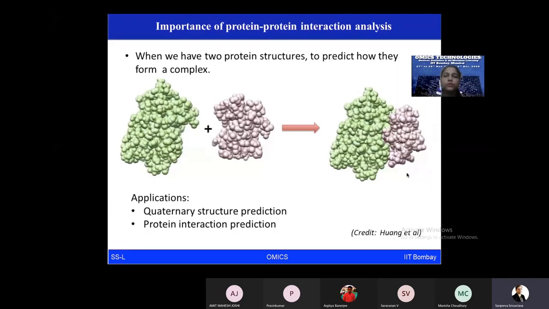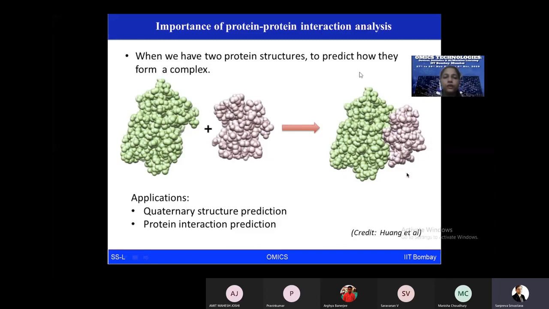So the importance of protein-protein interaction studies is huge. The main reason we carry out these studies is to predict how two proteins would interact with each other.